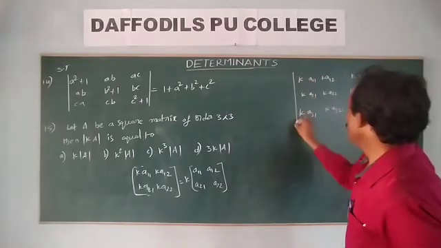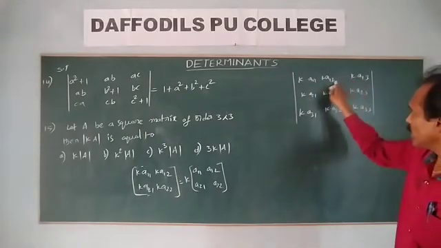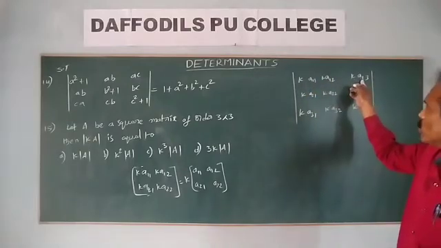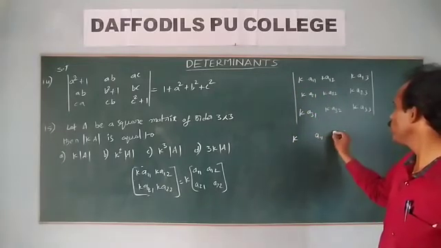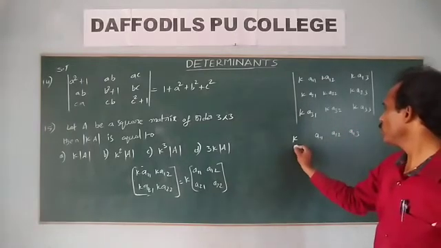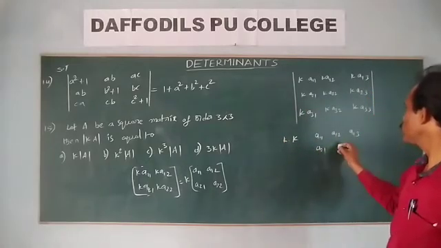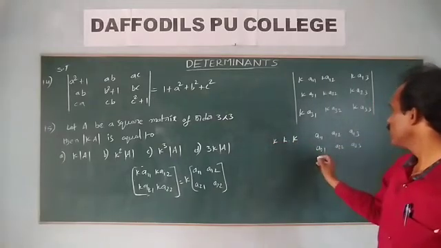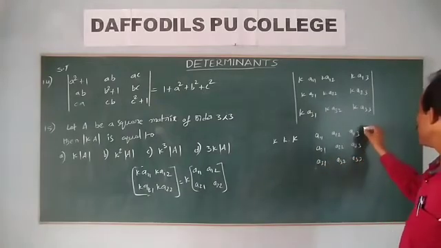In a determinant it is possible to take common from any one row or any one column only. So take k common from R1, remaining elements A11, A12, A13. Next take k common from R2, that is A21, A22, A23. One more k common gives A31, A32, A33.